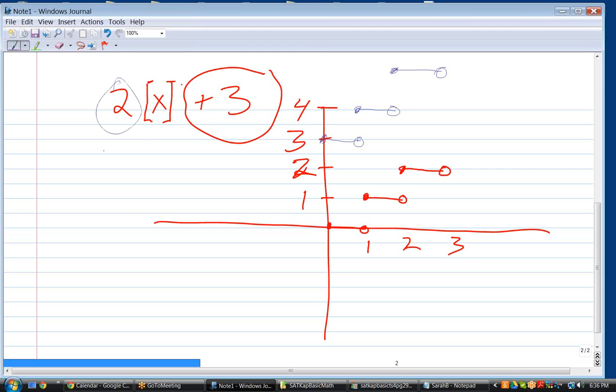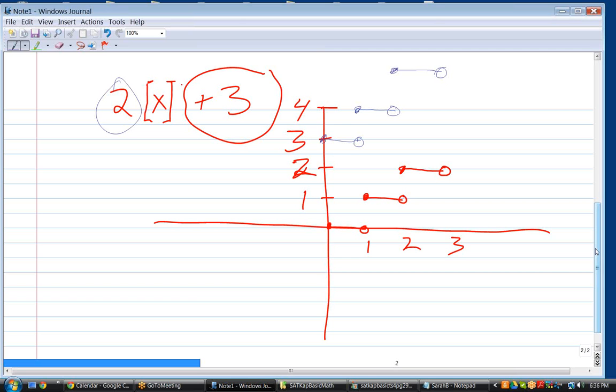Now, what's the consequence of that 2? It gives it space between the steps, a vertical stretch, so that every point on this curve would be twice as high.